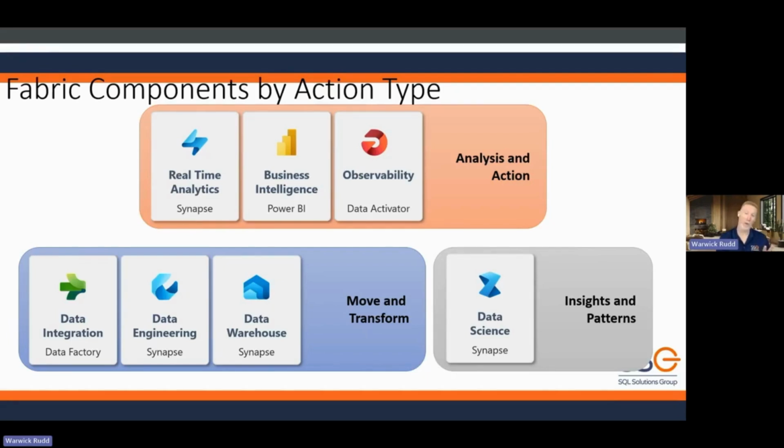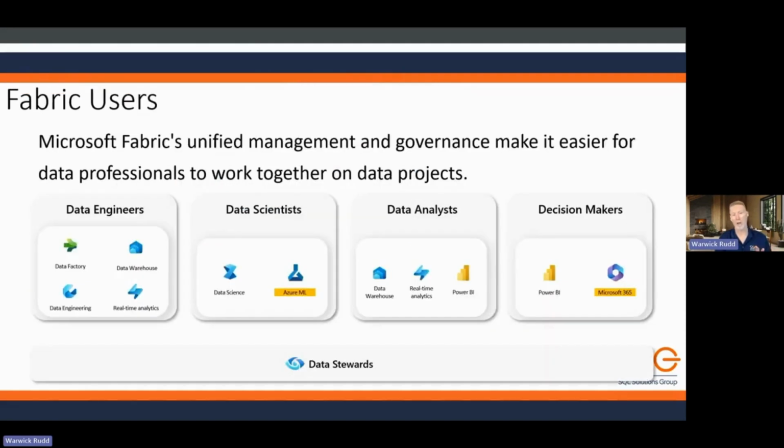Now, the people or types of roles that might use this is where it may change depending on your environment. Okay. Our data engineers, you're probably going to look at these components of Fabric. Data scientists, definitely, we're going to be using Synapse, and you may be wanting to dive more into the Azure ML, the large language models that are available.